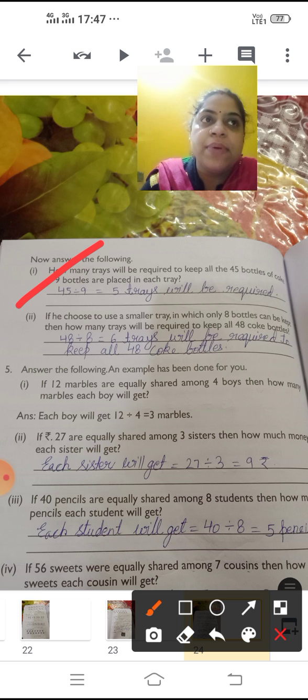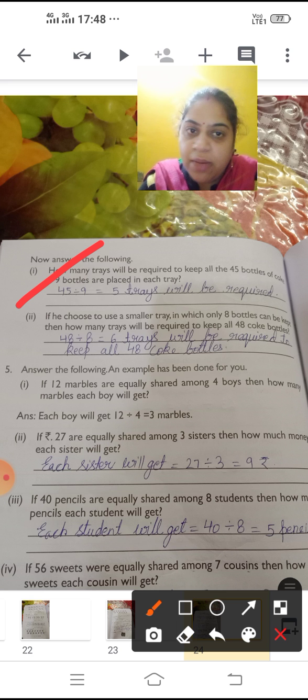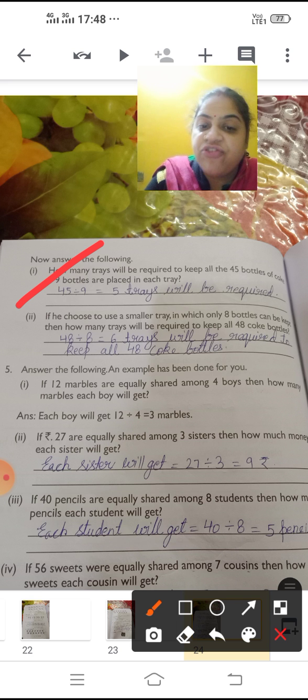Now come to the 5th question. If 12 marbles are equally shared among 4 boys, then how many marbles will each boy get? Total number of marbles we have is 12. That is divided by 4. That will give us 3 marbles each boy will get.